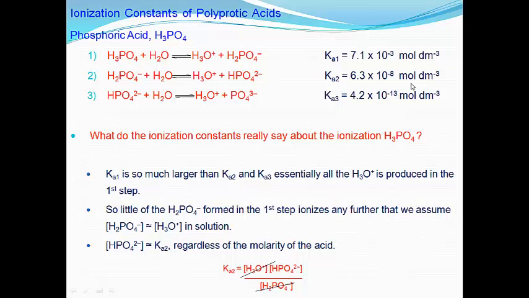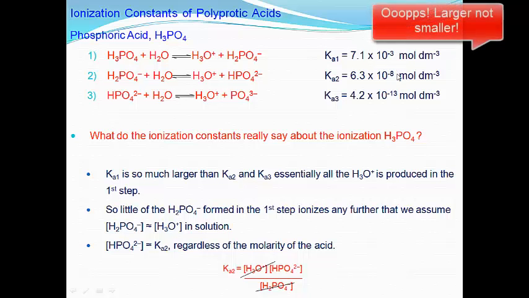Alright, so what do the ionization constants really say about the ionization of H3PO4? Let us look at the ionization constants. We see that Ka1 is so much larger than Ka2 and Ka3, and this tells us that essentially all of the H3O+ is produced in the first step. Alright, so 10 to the minus 3 is several orders larger than 10 to the minus 8 and 10 to the minus 13.